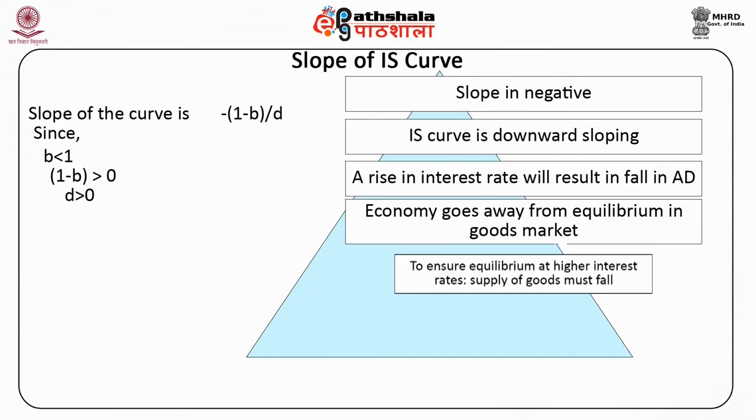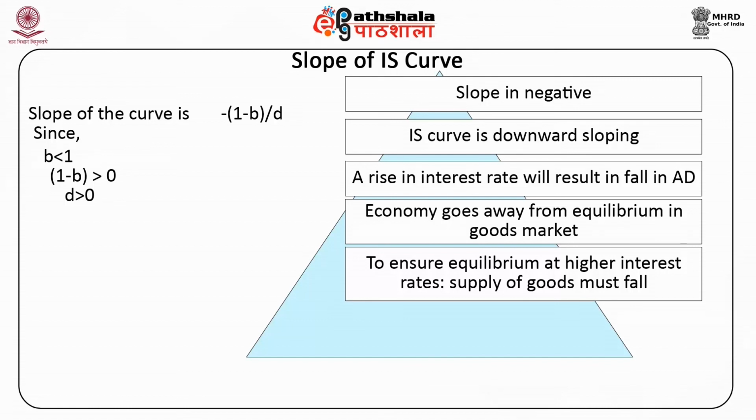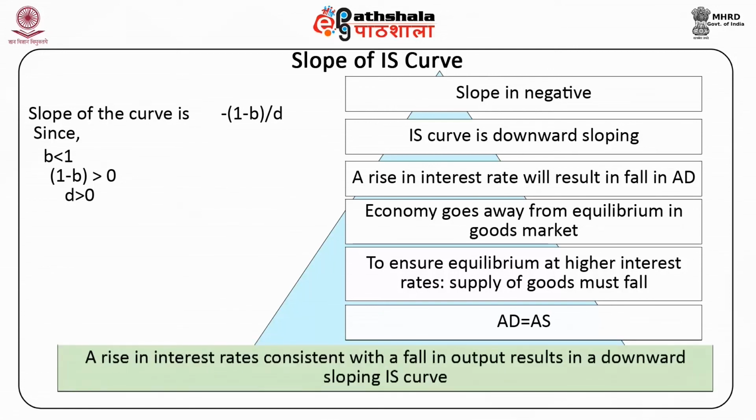In order to ensure that the goods market remains in equilibrium, at higher interest rates, the supply of goods must fall so that AD is equal to AS. Thus, a rise in interest rates consistent with a fall in output results in a downward sloping IS curve.